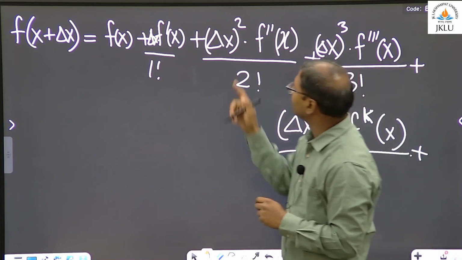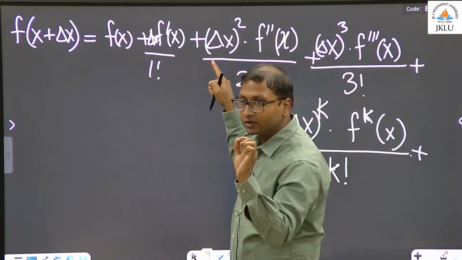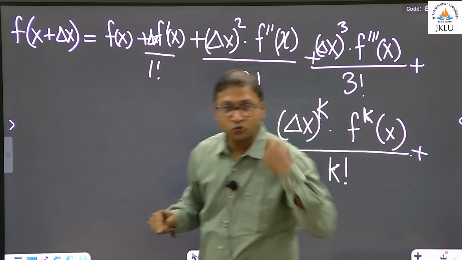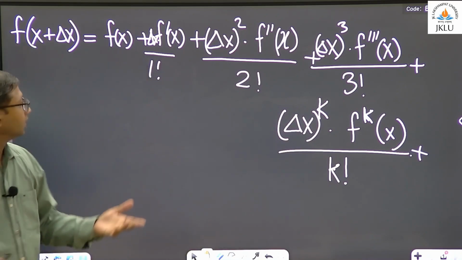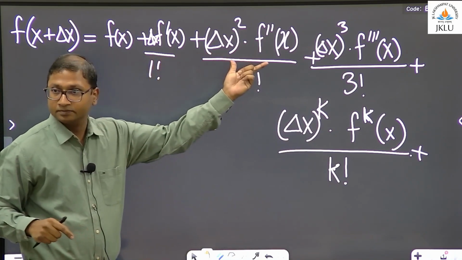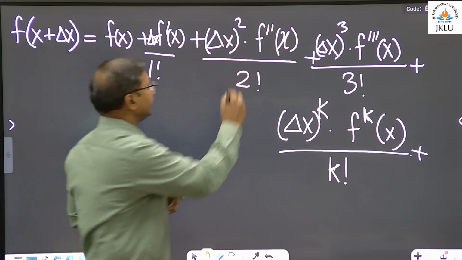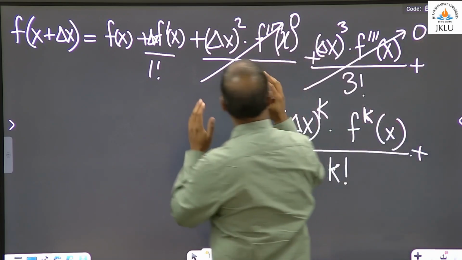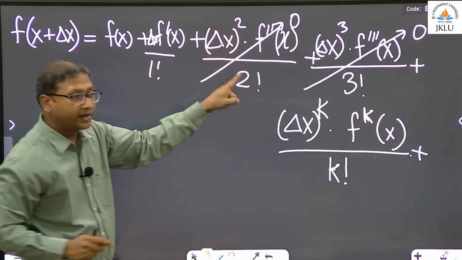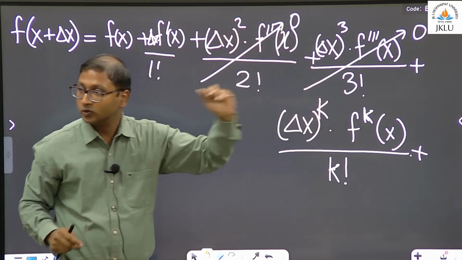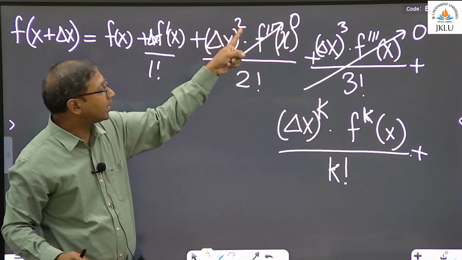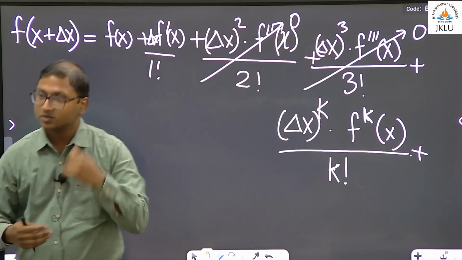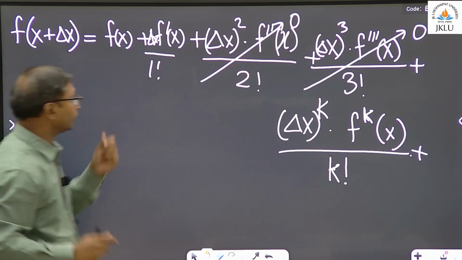What we are saying here is, if delta x is so small that delta x square is negligible, we can basically put the square term and the later terms equal to 0. If delta x square is assumed to be 0, then delta x cube will also be 0, and so on.